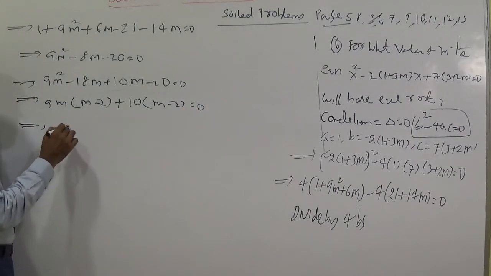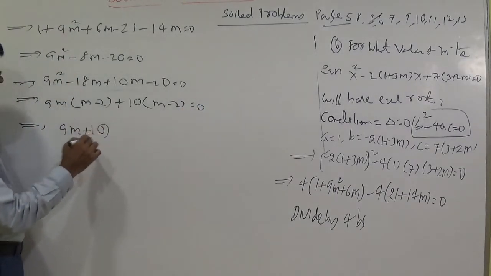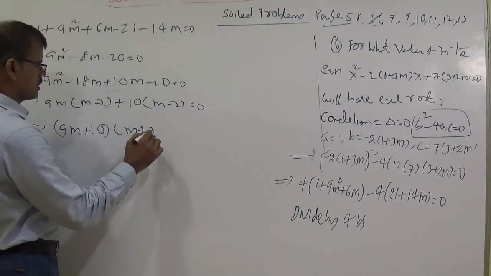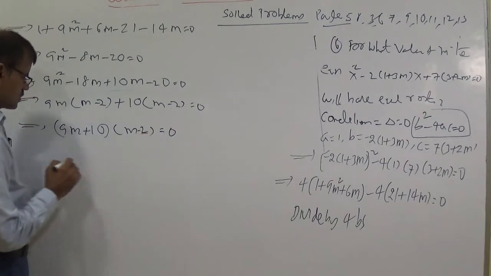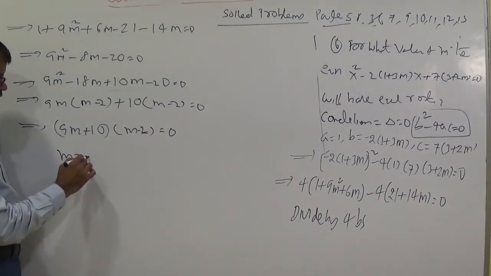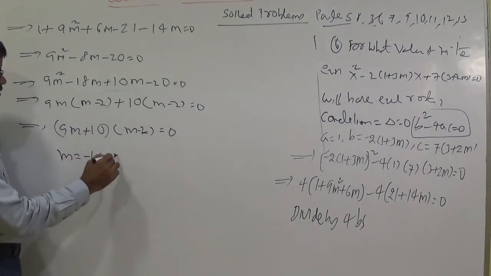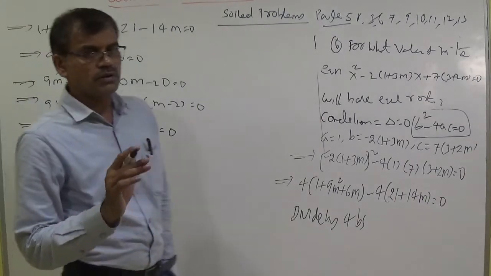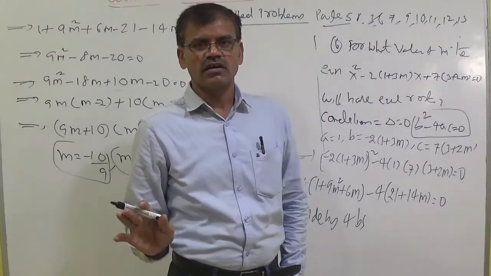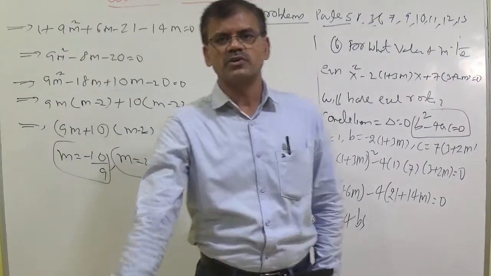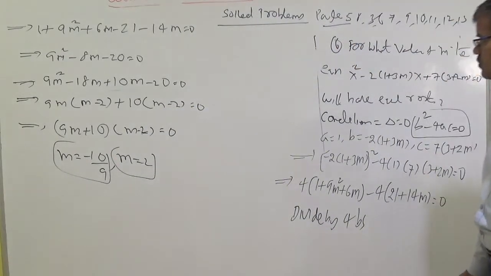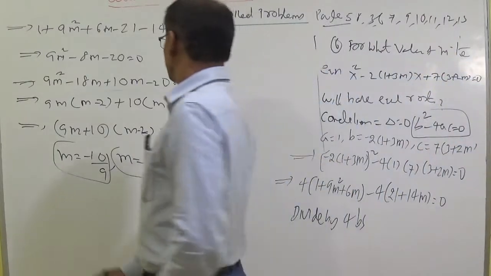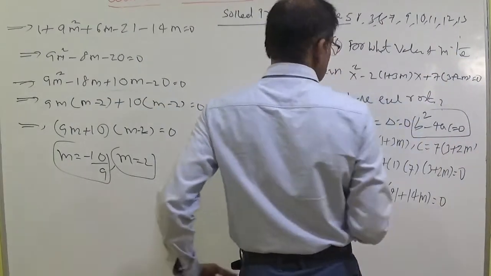Once again we can take common: 9m plus 10 into m minus 2 equal to 0. So 9m plus 10 equal to 0 becomes m is equal to minus 10 by 9, and m is equal to 2. Whether the sum is lengthy or not, this is an important 2 marks question. Such bits will be given in the exam for 2 marks. Third question, sixth question completed.